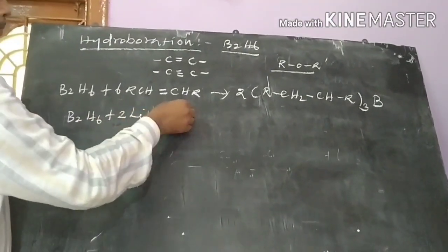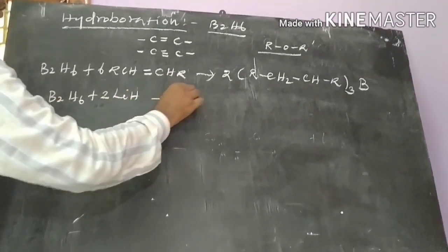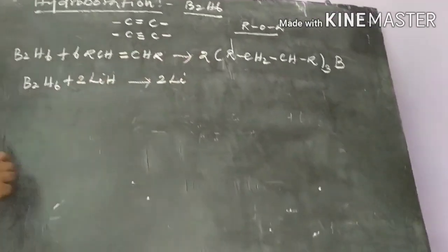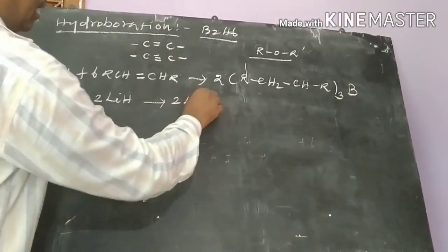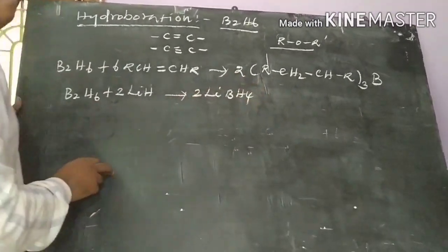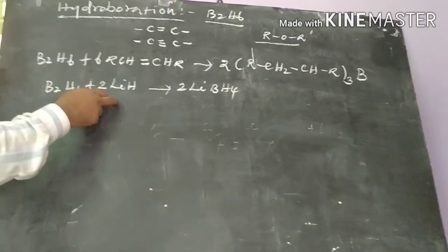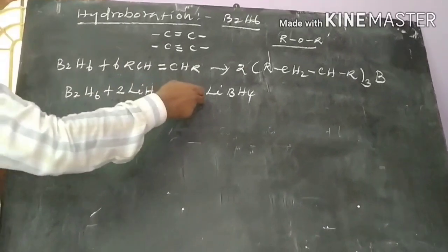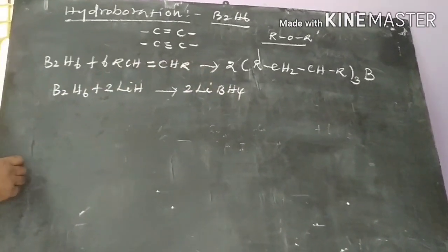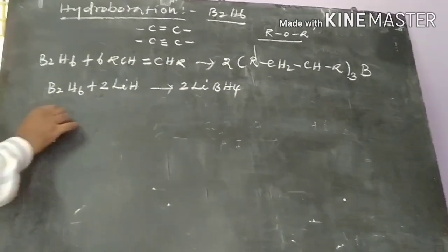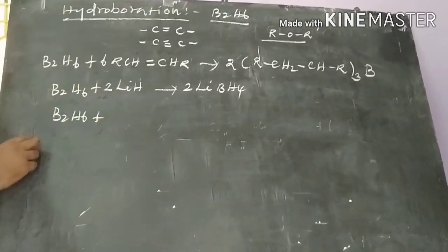It gives 2 moles of lithium borohydride. Diborane reacts with lithium hydride to give lithium borohydride.